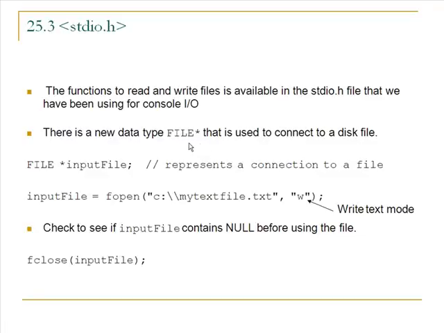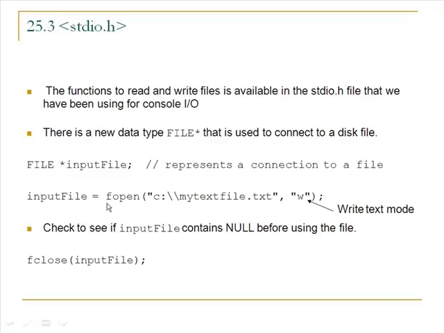It's the FILE pointer, and that's in all uppercase, and it's used to have your C program connect to a disk file. And here's how you declare one: FILE *inputFile, and of course the asterisk can go next to FILE or next to the variable name. It doesn't make any difference.